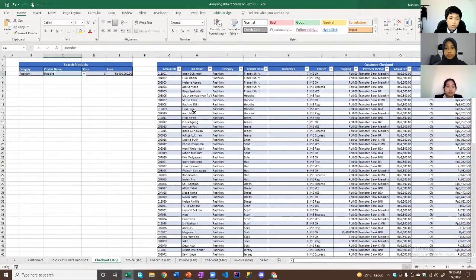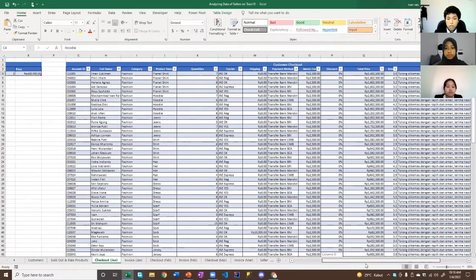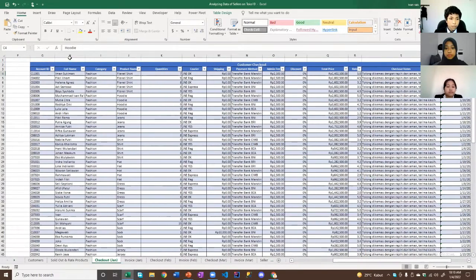After I explain search product, I'm going to explain the customer checkout data. The full name column will automatically change depending on the account ID because of the formula index combined with match. For example, I'm going to change the account ID, and then the full name will change.